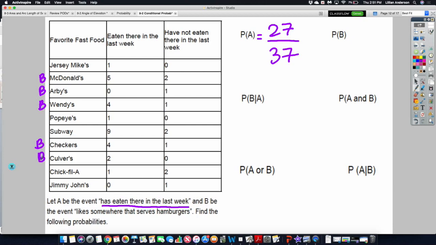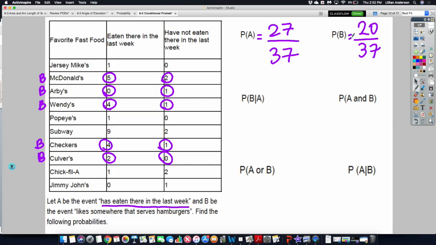Oh, you have to add both sides. You have to add the 5 and the 2, the 0 and the 1, the 4 and the 1, 4 and 1, 2 and 0. Because they didn't specify that they had eaten there last week. They just said go somewhere that serves hamburgers. 20 out of 37.